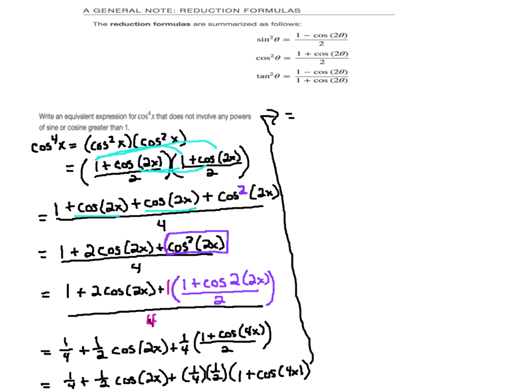Equals, all right, 1/4 plus 1/2 cosine 2x. 1/4 plus 1/2 is, I'm sorry, times 1/2 is 1/8. And that's 1/8 times 1 plus the cosine of 4x. I'll give brackets there.